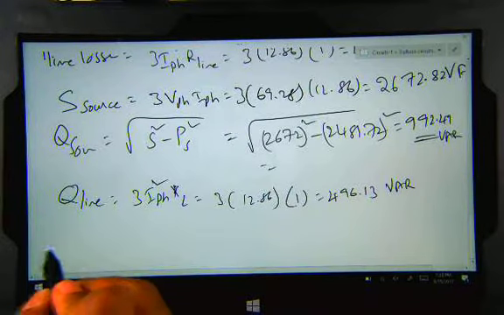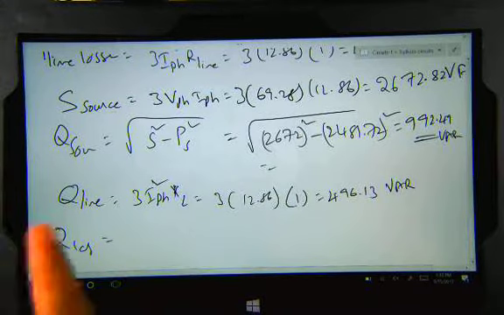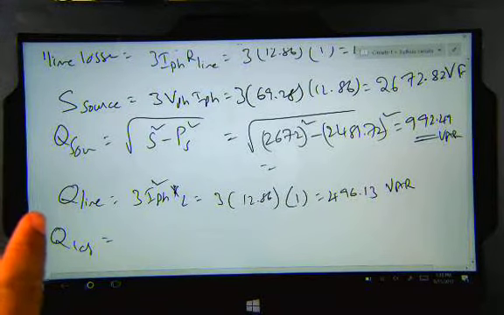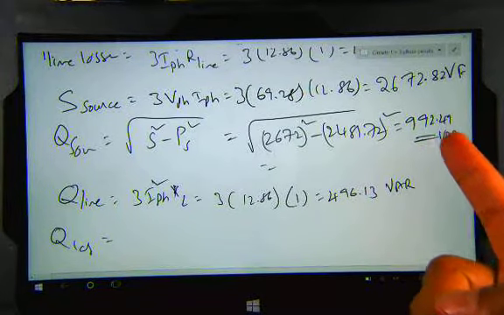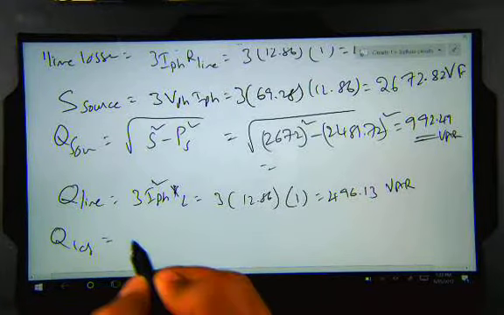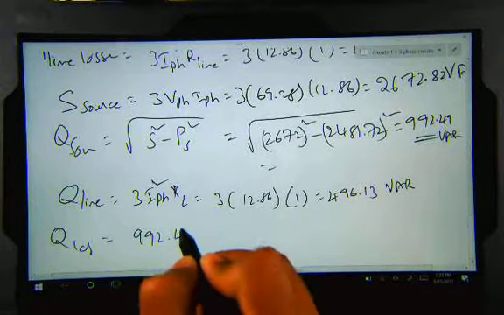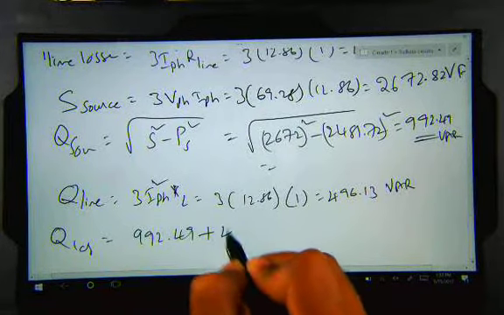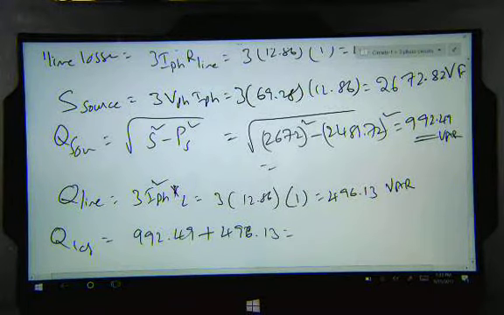So Q load: remember this Q line, it is consuming, and the load is supplying Q back to the source. So the total is going to be 992.49 plus 496.13. That's the total reactive power generated by the load.